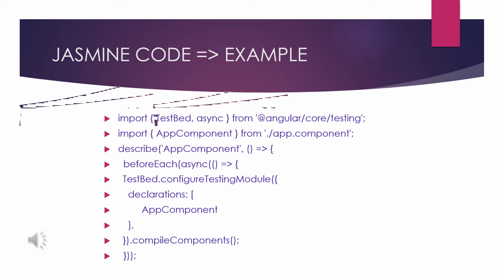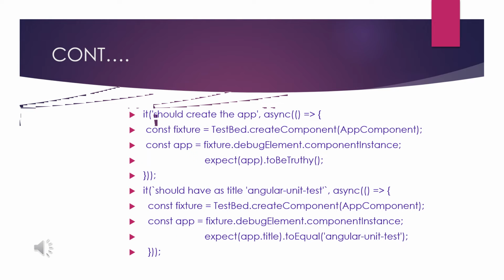Before each test, the configurations to be done are given here. So it should create the app, which means what I expect is given in the statement. Async will handle these functionalities asynchronously and return what we need.